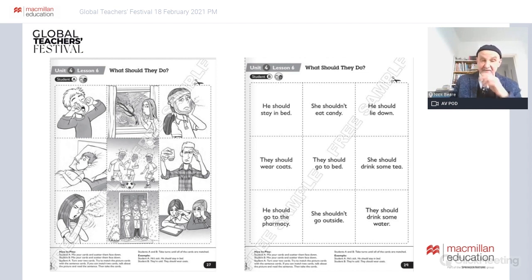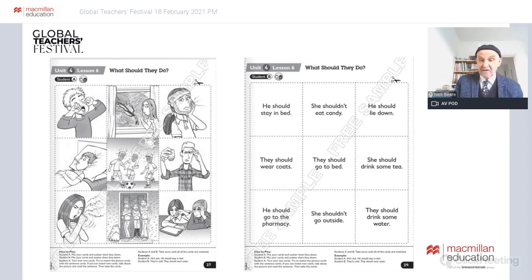And you cut out all the cards, put them face down, and you have to find pairs of cards. You just pick them up one by one. Let's say you pick up the card with the woman with toothache. So you've got to try and remember where the toothache advice is, which in this case is she should go to the pharmacy, or whatever. So there are various ones which are suitable for them, and you get pairs and you set them down, basically like Memoria.